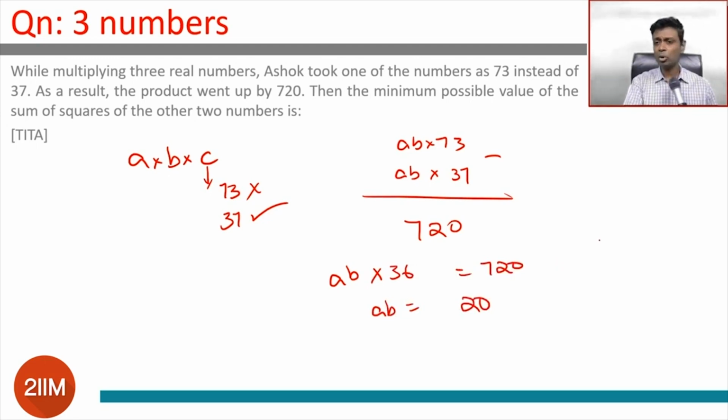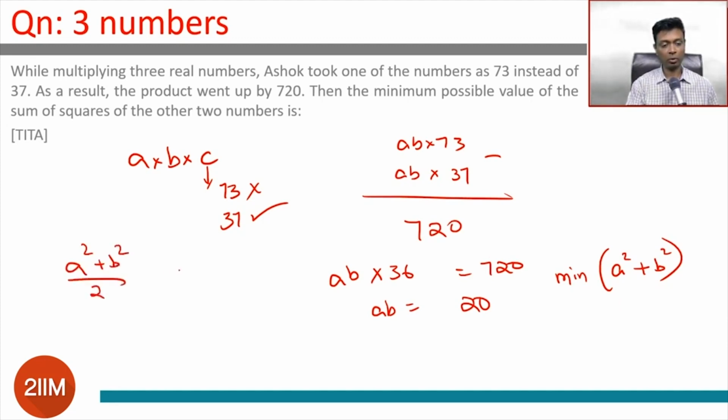Then the minimum possible value of the sum of the squares of the other two numbers, so the minimum possible value of A square plus B square. AB is 20. A square plus B square by 2 is greater than or equal to AB. Arithmetic mean of two numbers is greater than or equal to geometric mean.